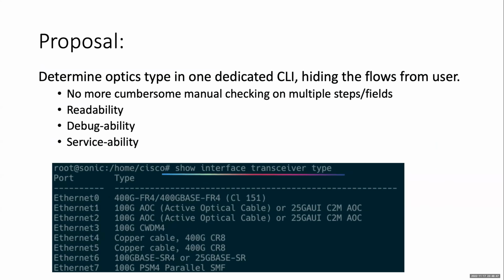The CLI retrieves the relevant data from the Redis DB, follows different specs through different steps, and finally determines the optics type.